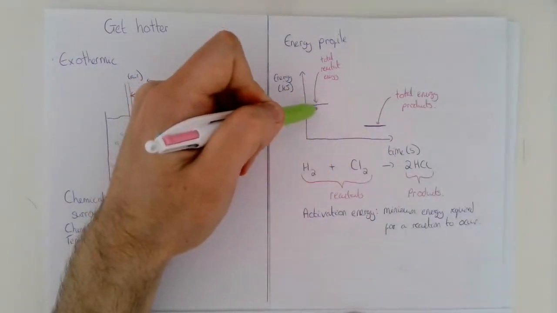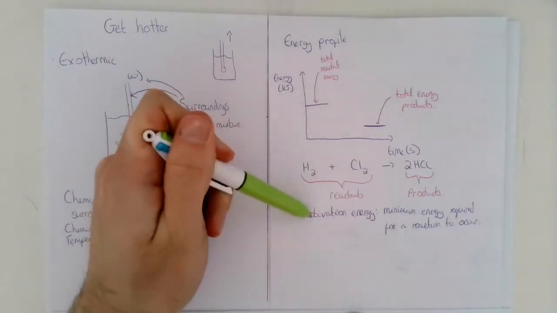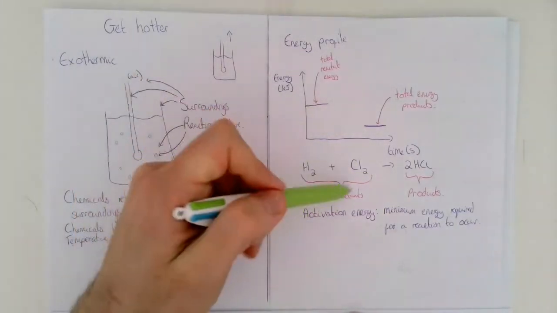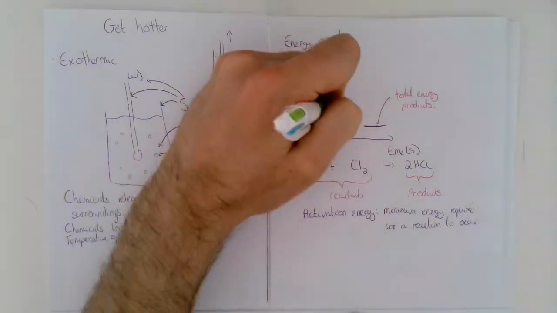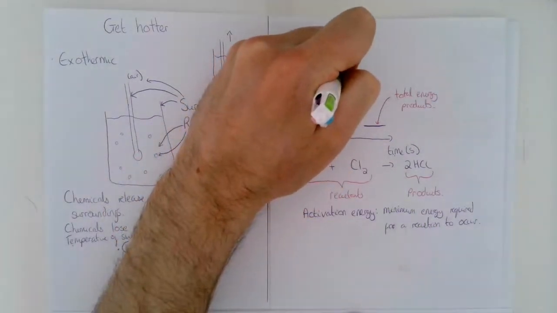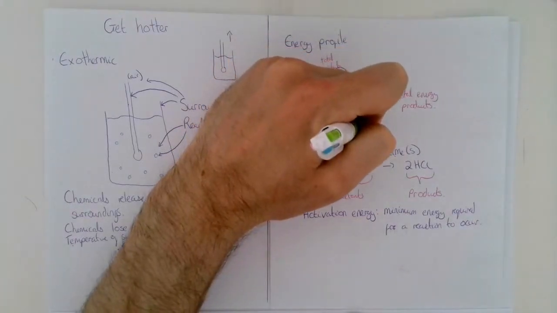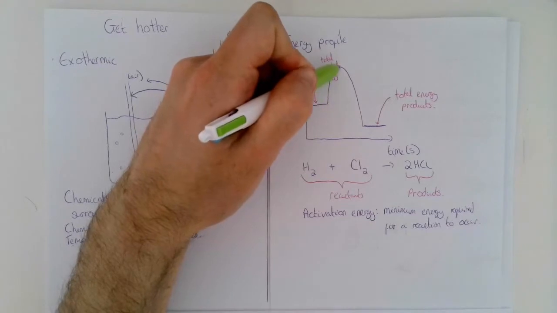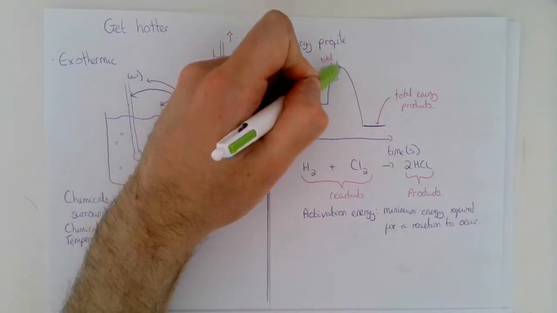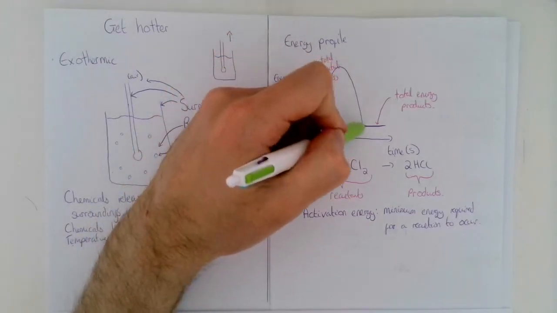So in order to get this reaction working, I need to provide the activation energy. I need to give the reactants enough energy in order for the reaction to occur. So this little part of the energy profile represents me giving the reactants some energy in order to get them to be able to make the products.